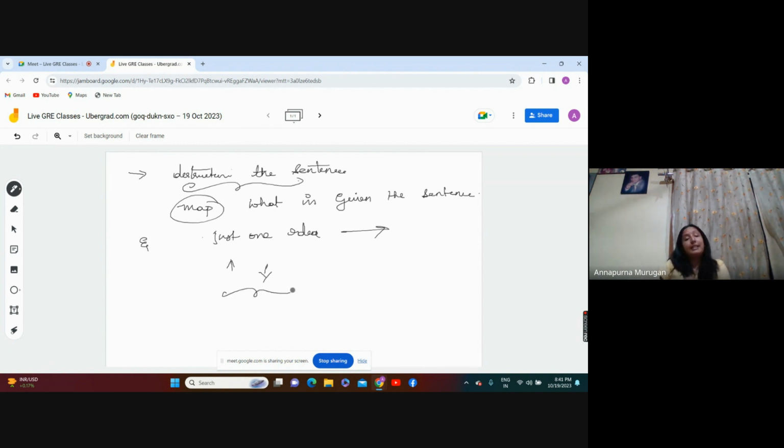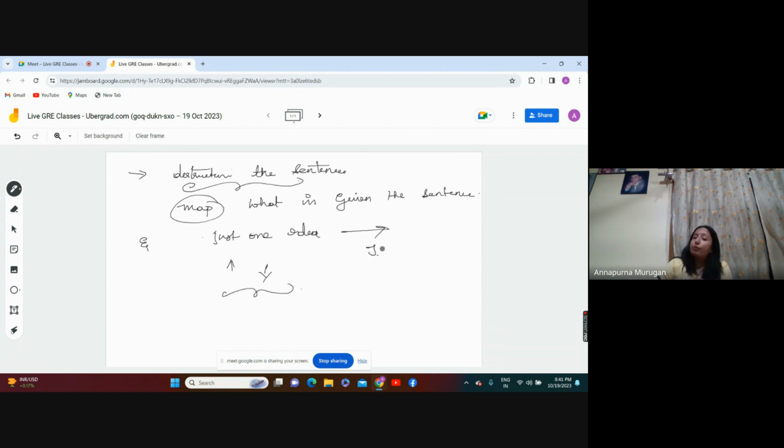So this deconstruction, understanding and recognizing what is happening in the sentence is very important, isn't it? And how do you recognize that? By using some of the sentence structuring elements. What are these elements?